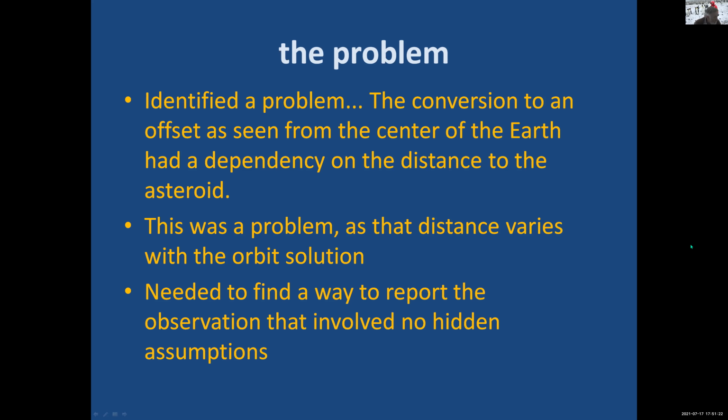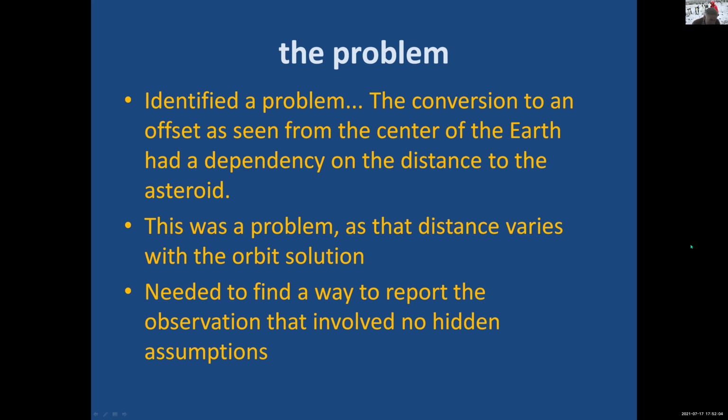You could rely upon the known orbit to establish the distance to the asteroid so that its parallax was known accurately, and you could convert an offset of the shadow from the centre of the Earth to an angular separation by simple trigonometry of the distance to the asteroid and the distance from the centre of the Earth. An arc sine function or an arctan function will give you the angular separation.